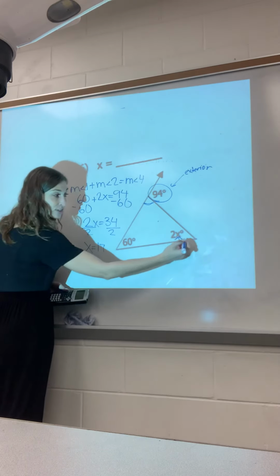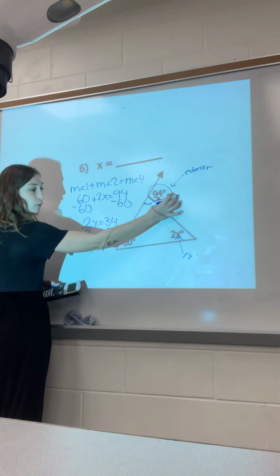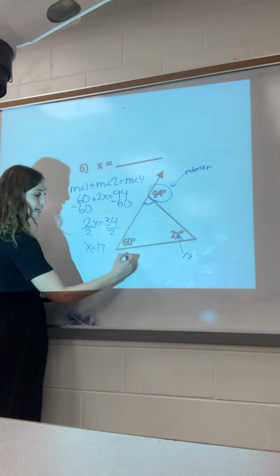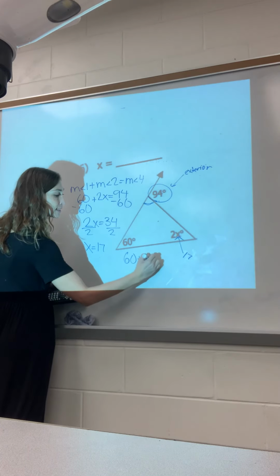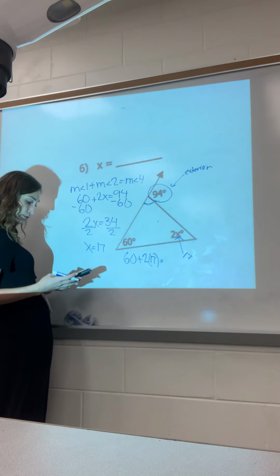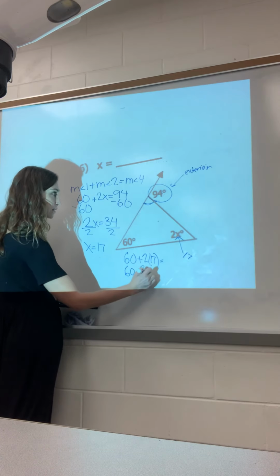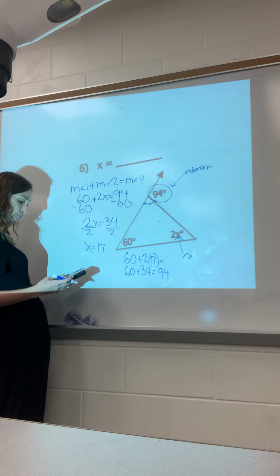If x is 17, do these two angles add up to give me 94? Okay, I'm going to do it right under here. So 60 plus 2 times 17 equals, so 2 times 17 gives me 34. So does 60 plus 34 give me 94? And that is correct.